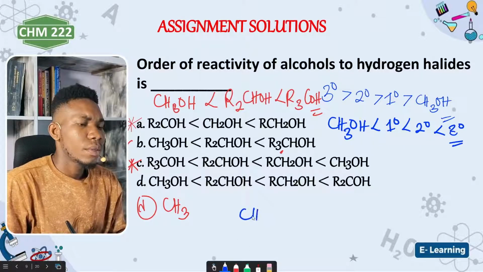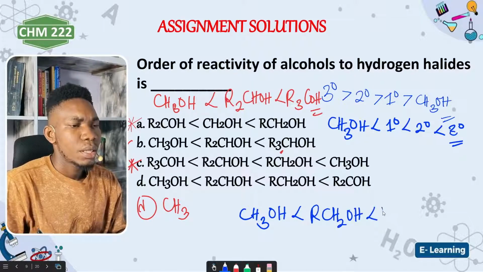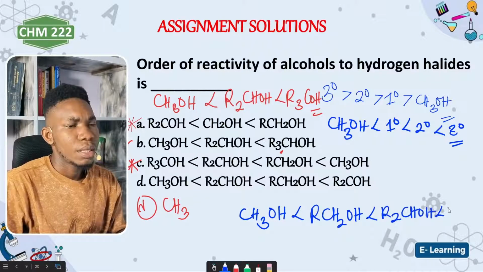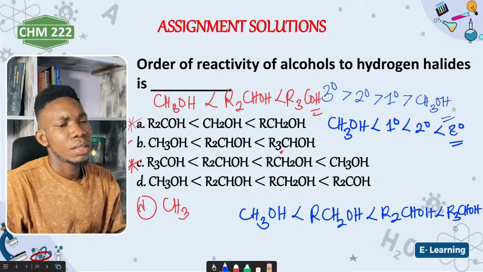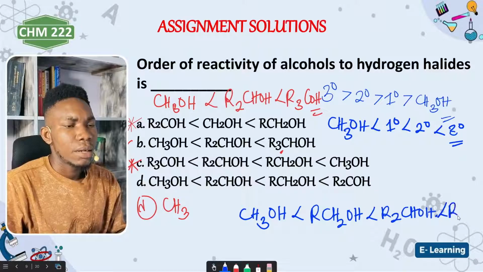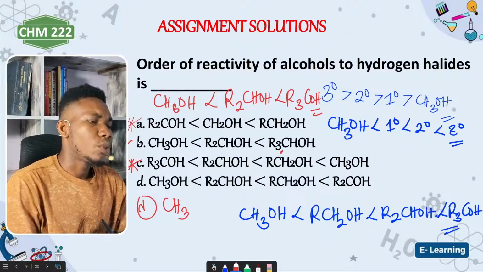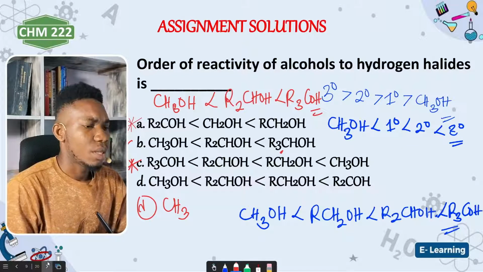You have CH3OH is less than RCH2OH, less than R2CHOH, less than R3COH. That is the correct order for option B, and that is the correct answer to this question.